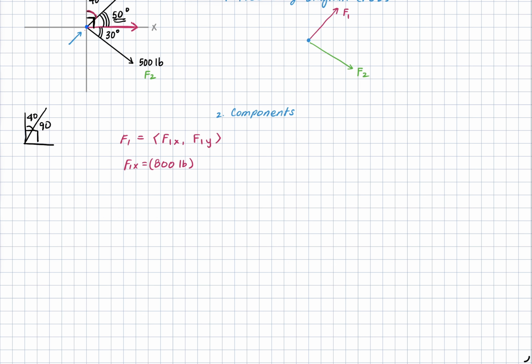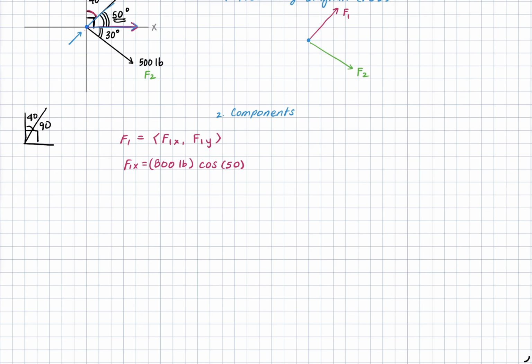From there, we understand that cosine is adjacent over hypotenuse. So this would be cosine 50 times 800 pounds.